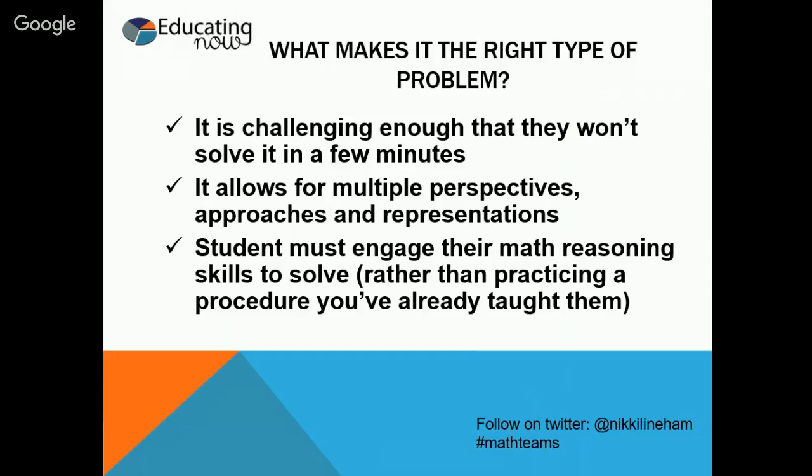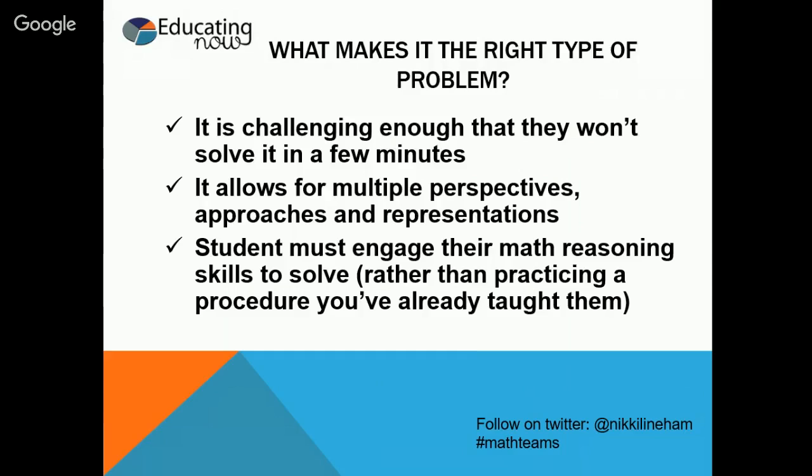Oftentimes the questions in the textbook are good for practicing a skill that the students have already developed, but not necessarily for developing the conceptual understanding of that skill. Math Makes Sense does a good job, if you look through the pro guide, of having some of those types of questions.